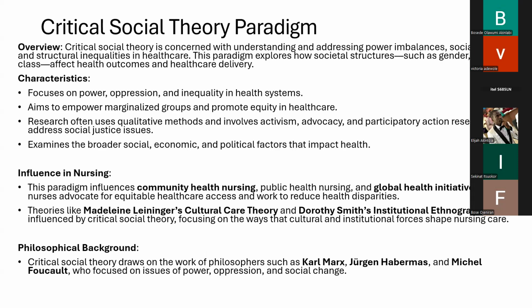Okay. Critical social theories talk about health equity, health disparities, gender, race and class, and how they affect health outcomes. There are theories that also propound that. Madeleine Leininger also deals with that a little bit, in such a way that we go to the culture and see how, in some cultures, men are the breadwinners.